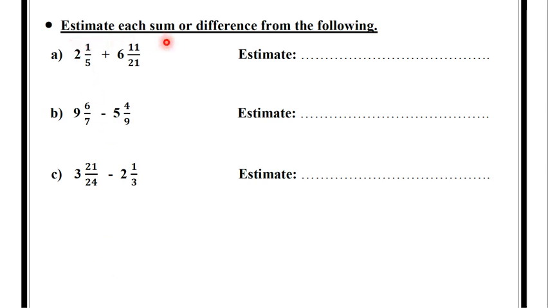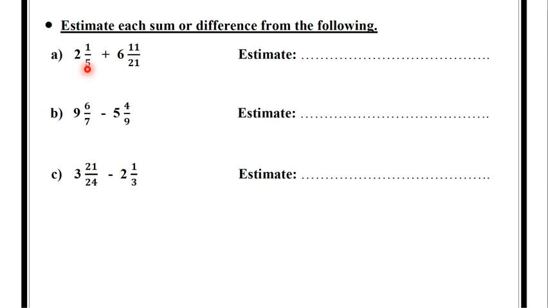Estimate each sum or difference from the following. The first example, we have 2 and 1/5 plus 6 and 11/21. I want to estimate these two mixed numbers. Here we have 2 whole number and 1/5. If I want to make an estimate for this fraction, it will be close to 0.